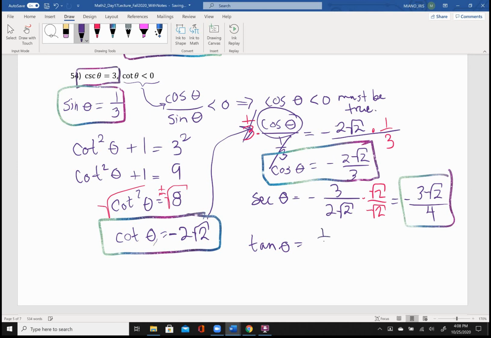So that's 1/3 over -2√2 over 3, which is, go ahead and cancel out those 3's. And you'll have 1 over 2√2, still negative, don't forget that. And then rationalize that denominator. And then you'll have the final answer, -√2 over 4.